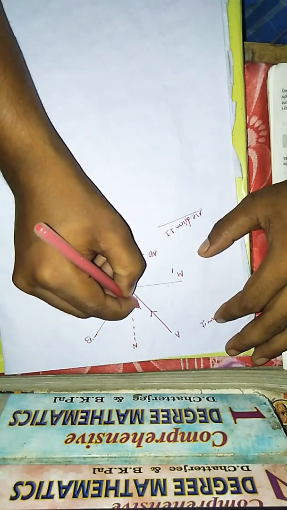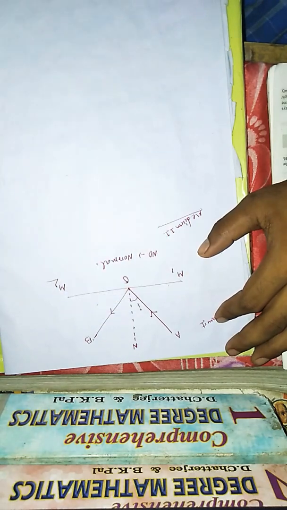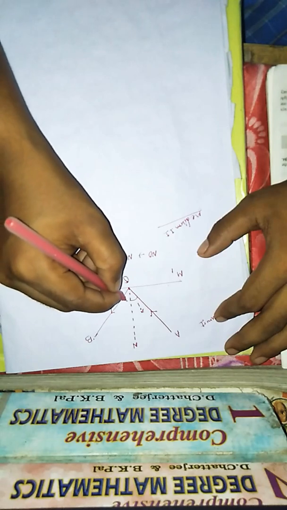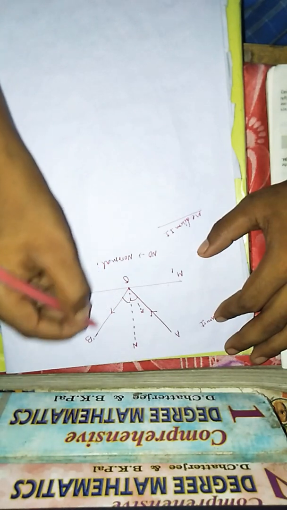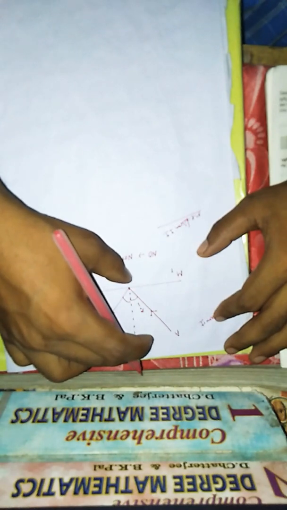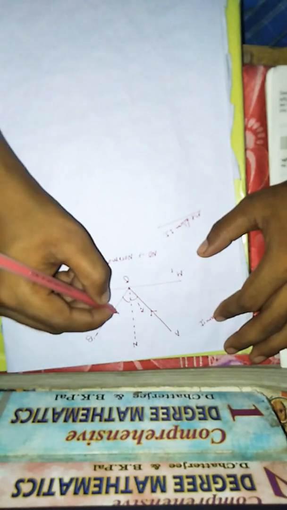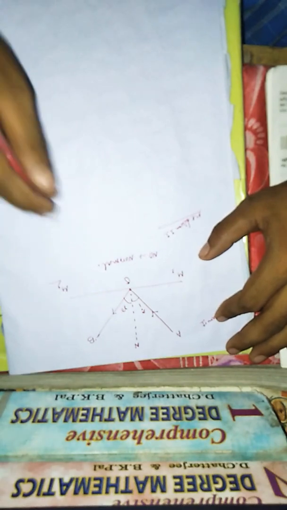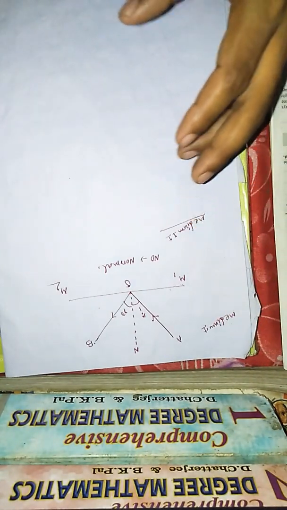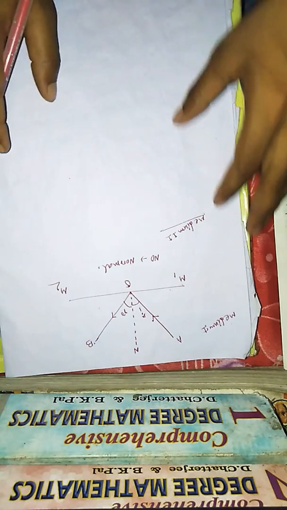This angle is denoted by I. Another angle is formed between the ray BO and the normal NO, which is denoted by R. Now we describe some definitions here, which we have to describe very well.